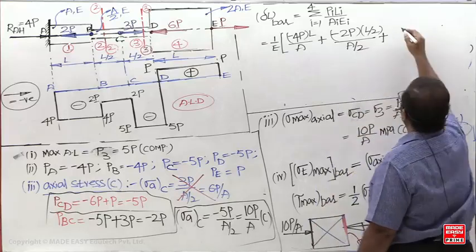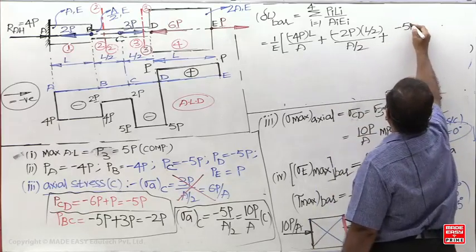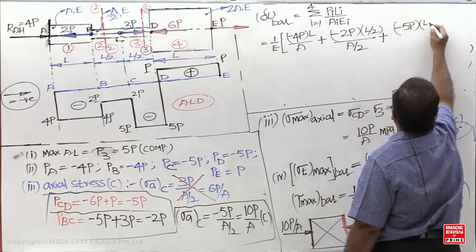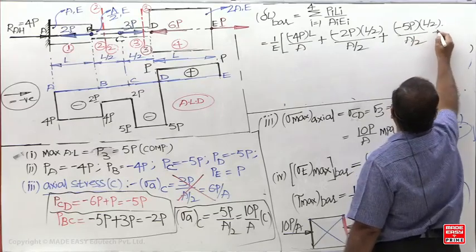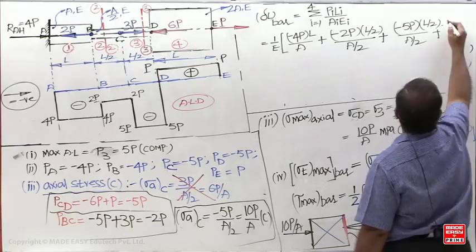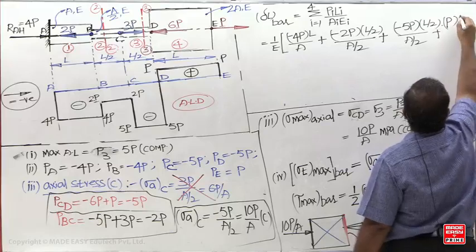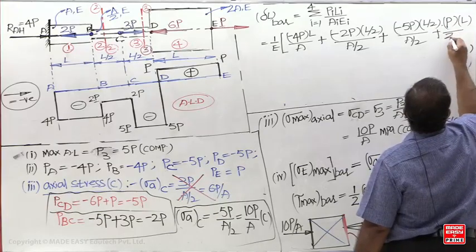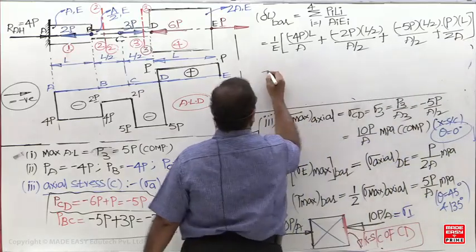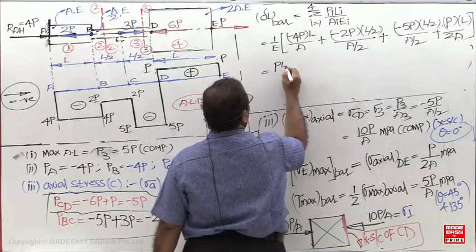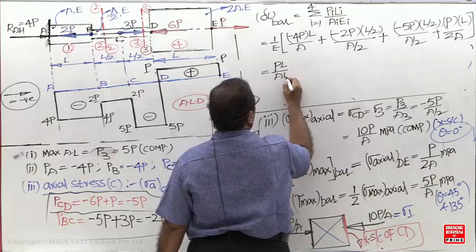The load in the third bar is minus 5P, the length is L by 2, the area is again A by 2. The fourth is P, the length is L, the area is 2A. So I can take out PL by AE as common.